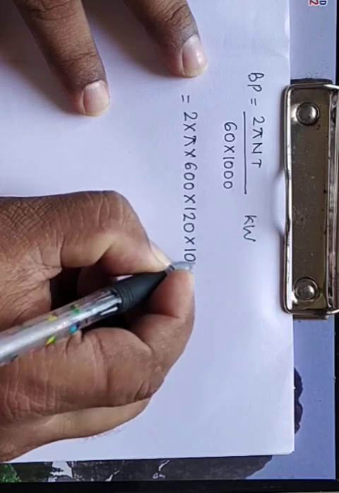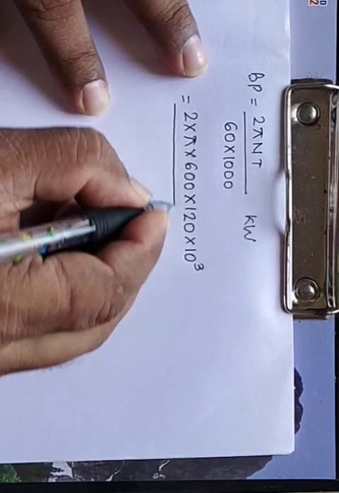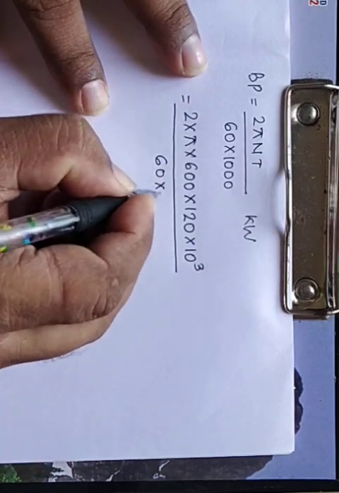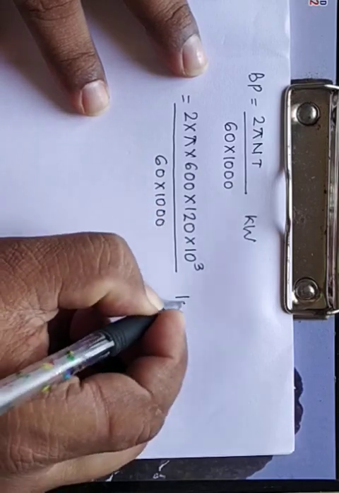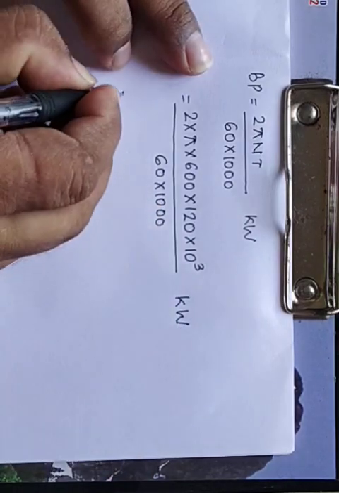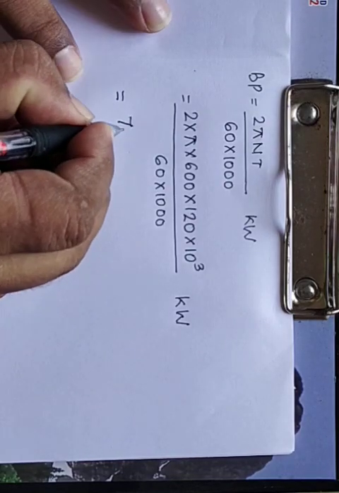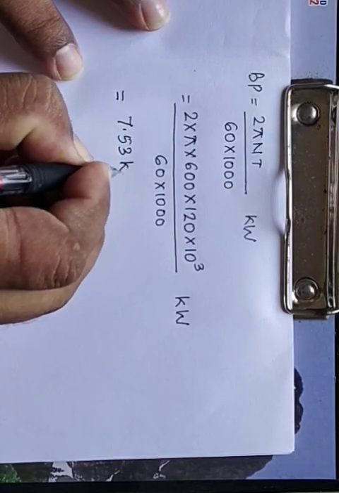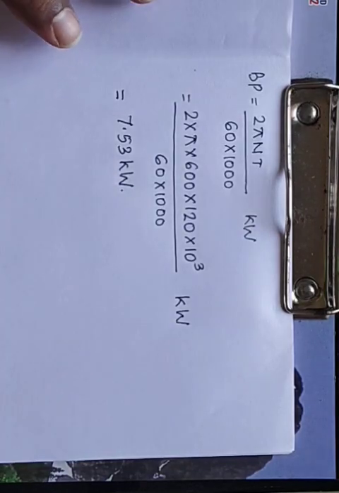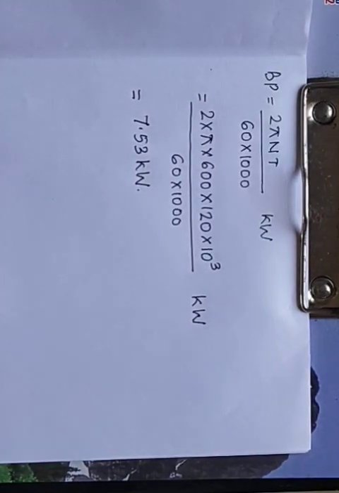I want it in kilo, so multiply it by 10 to the power 3 divided by 60 into 1000. We will get the answer directly in kilowatt. So you get the value of BP as 7.53 kilowatt.